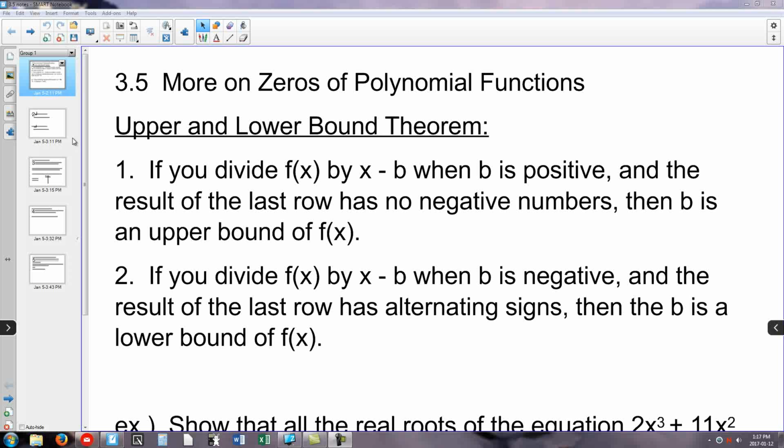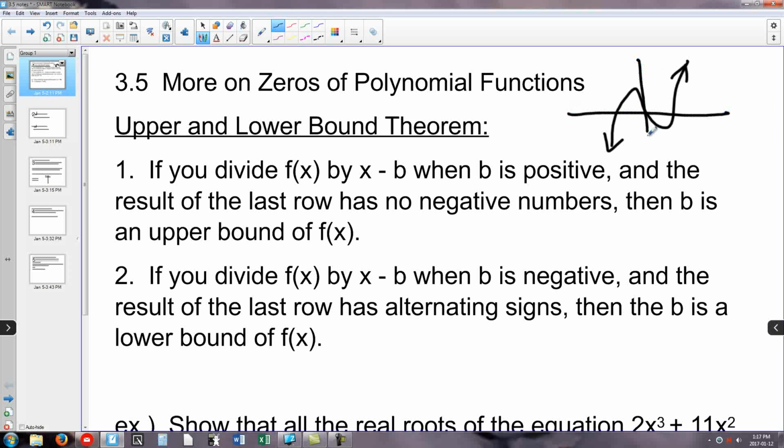What we're going to do is say, for instance, if we had a polynomial, something like this, a little cubic, and we wanted to have an idea of where the zeros lived. We could build that set of options, the P over Q set, which we've done, or we want to know other ways to look, and what other ways can we narrow it down?